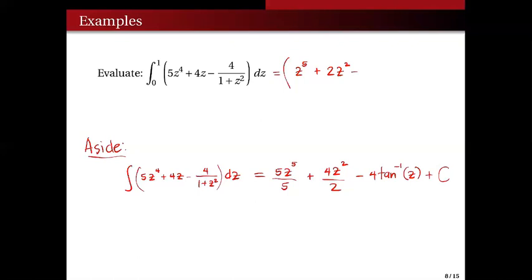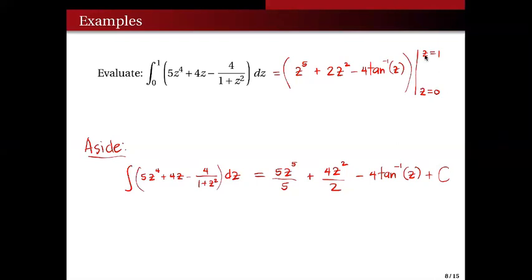And of course, you have minus 4 arctangent of z. You can take c equals 0 as I have said. And then you evaluate this from z equals 0 to z equals 1.